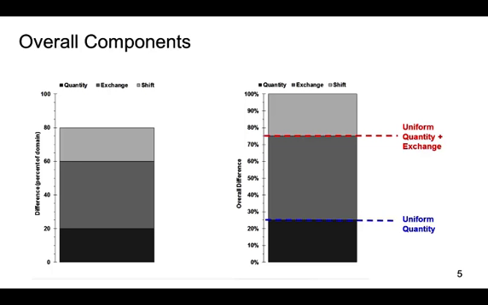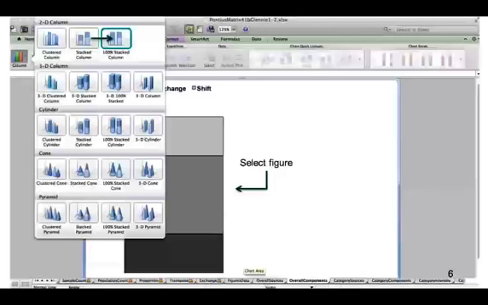These values can also be found on the figures data sheet of the Pontius matrix. The uniform quantity intensity is shown in cell L18, and the uniform quantity and exchange intensity is shown in cell M19. The 100% figure is not included in the Pontius matrix, but it can be produced by selecting the figure and changing the column type from stacked column to 100% stacked column.